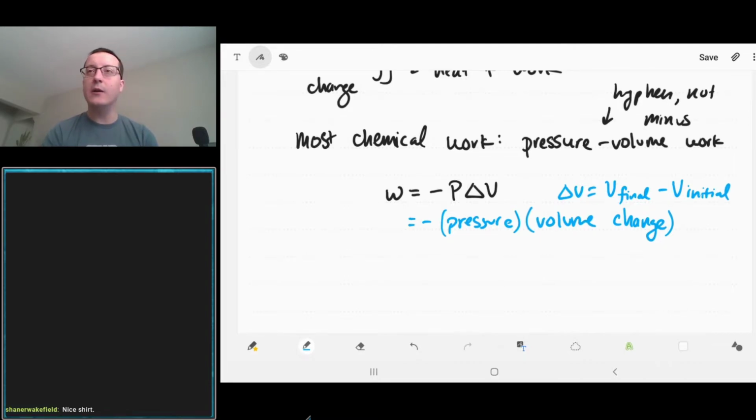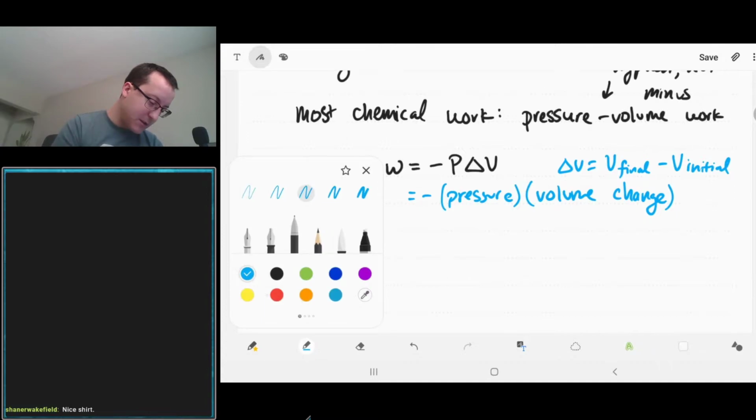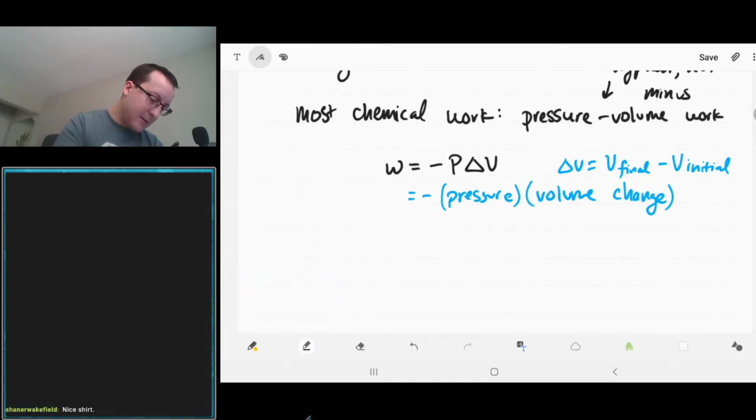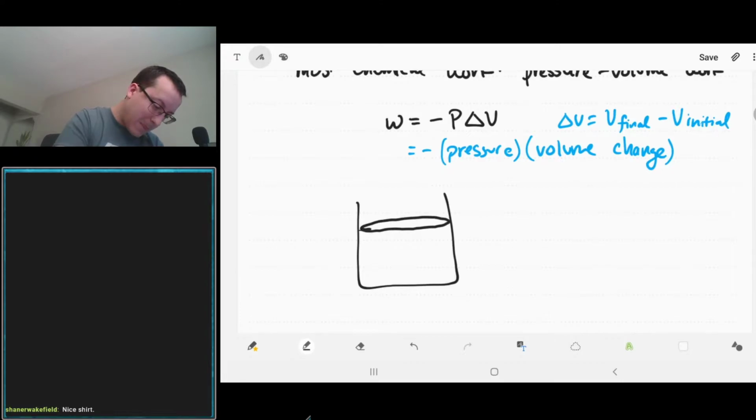So we can go ahead and do some practice with this. We know in car engines, we have this thing called a piston.